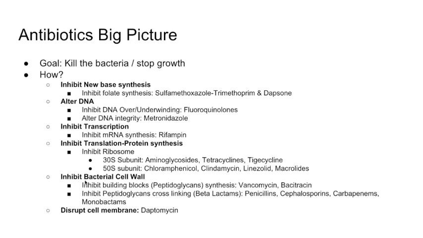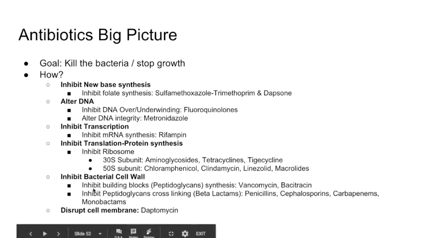Fifth step is that we can inhibit the bacterial cell wall by inhibiting the building blocks. So as you know, the bacterial cell wall is made of building blocks, mainly the peptidoglycans. So we can inhibit synthesis of these peptidoglycans by vancomycin or bacitracin. We can also inhibit their cross-linking.